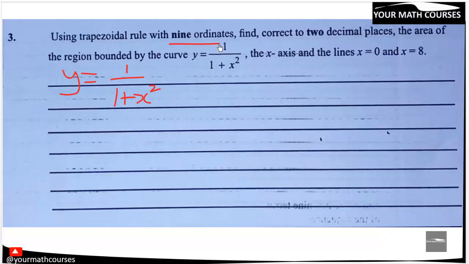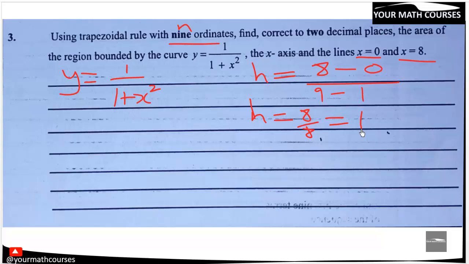So we need to find the width of the trapezoid, given by h, which is equal to the upper x value, which is 8, minus the lower boundary, which is 0, over n minus 1. n is the number of ordinates, which is 9. So 9 minus 1. This gives us 8 over 8, which is equal to 1.